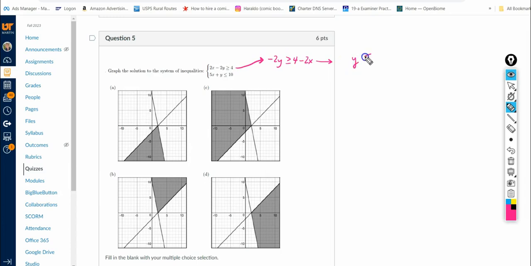Dividing by a negative does change the direction of the arrow. And that's going to be negative 2 plus x, sorry. Okay, so that's going to give me this.